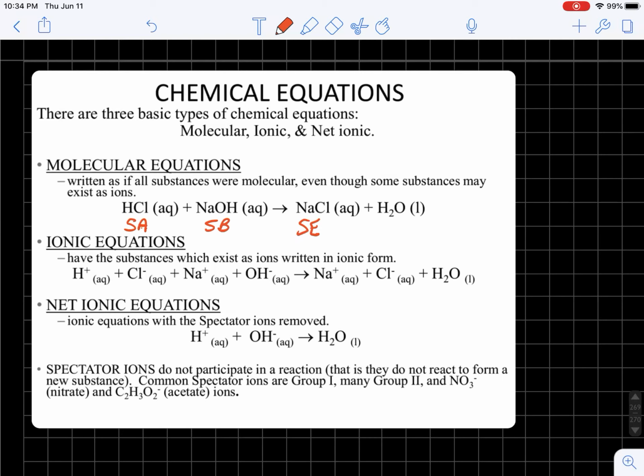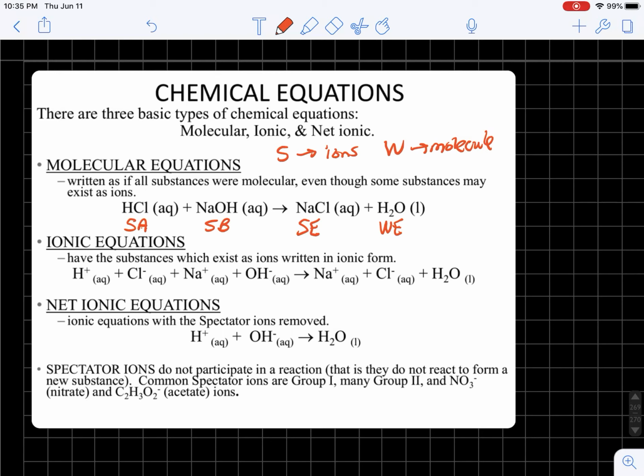Sodium chloride is a strong electrolyte, which means it's a salt that breaks up into ions completely, and then water is a covalent molecule, so this is a weak electrolyte. Anytime you have a strong material, you're going to write it as ions in your net equation. If you have a weak electrolyte, a weak acid, weak base, then you're going to write it as a molecule.